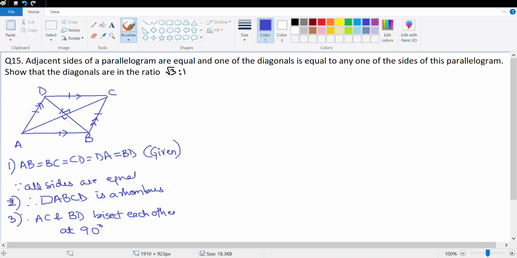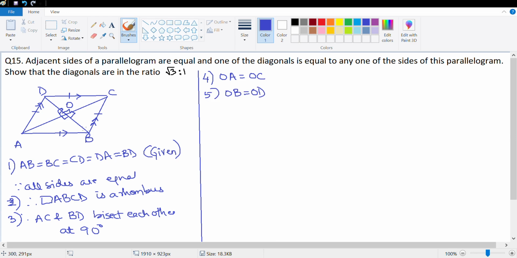So all these are 90 degree angles. I need to prove that the diagonals are in the ratio root 3 is to 1. So what I also know now is number 4 is, let's name this point O. What I also know is OA is equal to OC and OB is equal to OD.